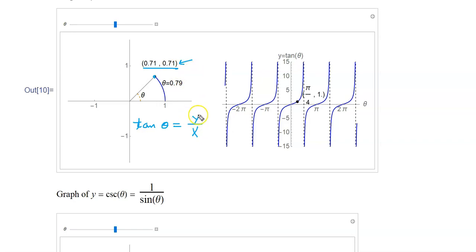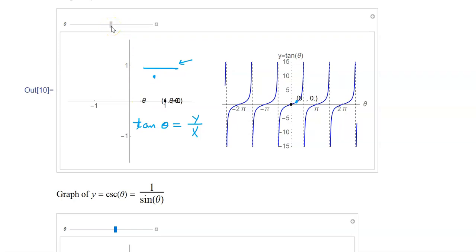And remember the y is the same as the opposite side, x is the adjacent side. So now let's see what happens to this point, which is, for this particular angle right here, representing y over x. Let's see what happens to this point as we let this angle go around the unit circle.